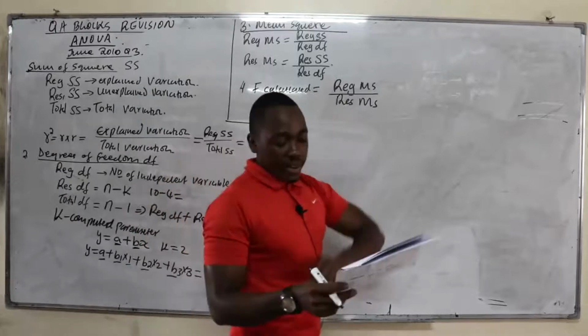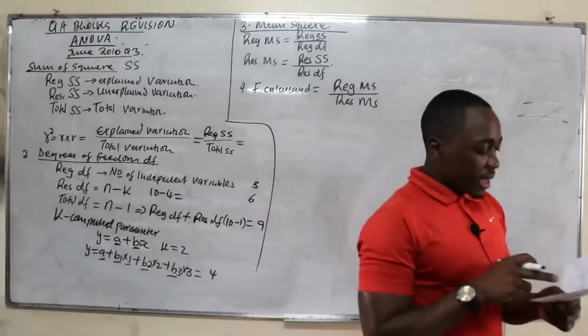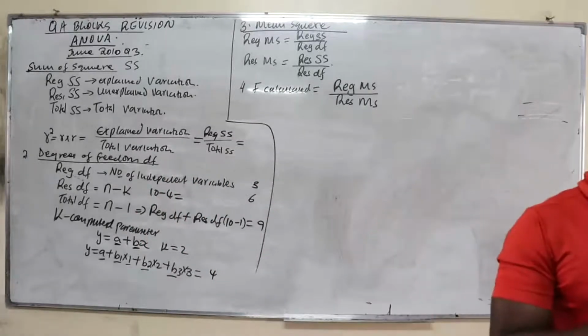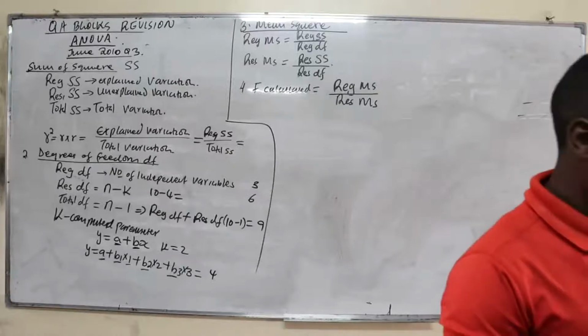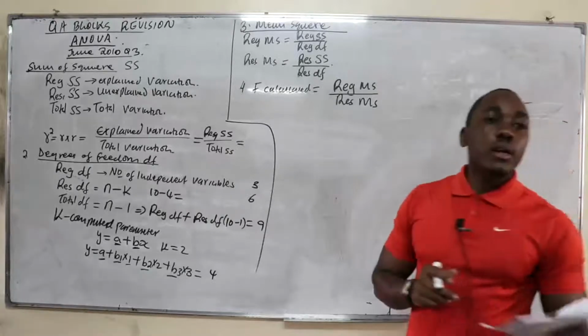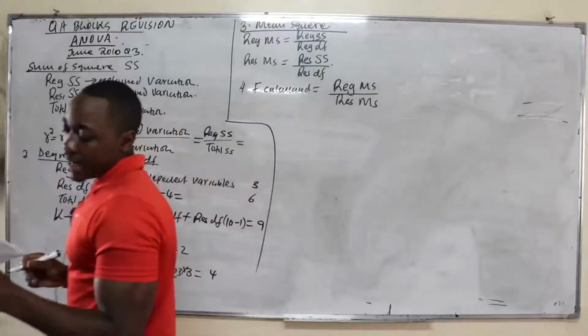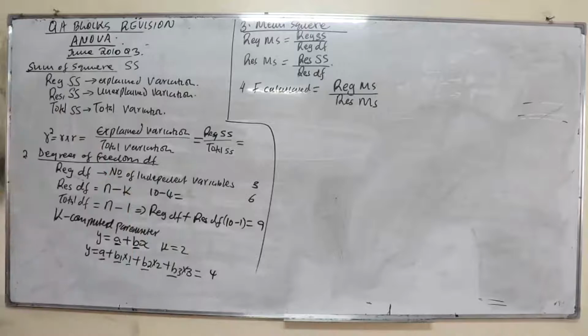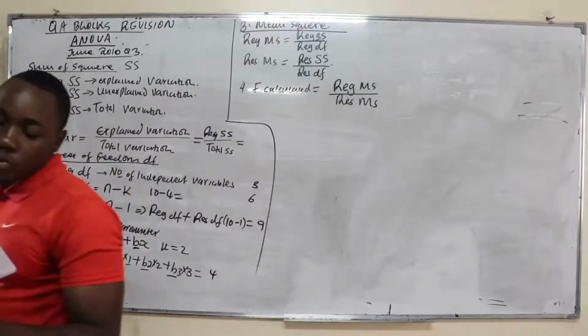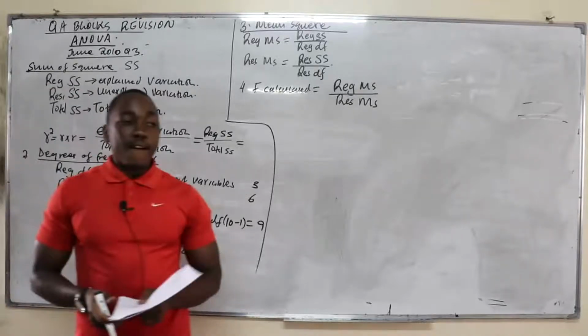Let's try that. Can you take regression mean square, that's 4523.76, you divide by 137.92? Are you getting 33.91?